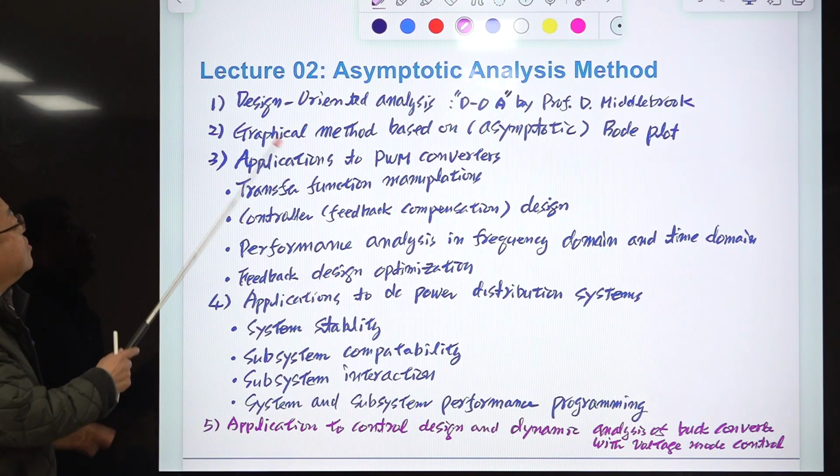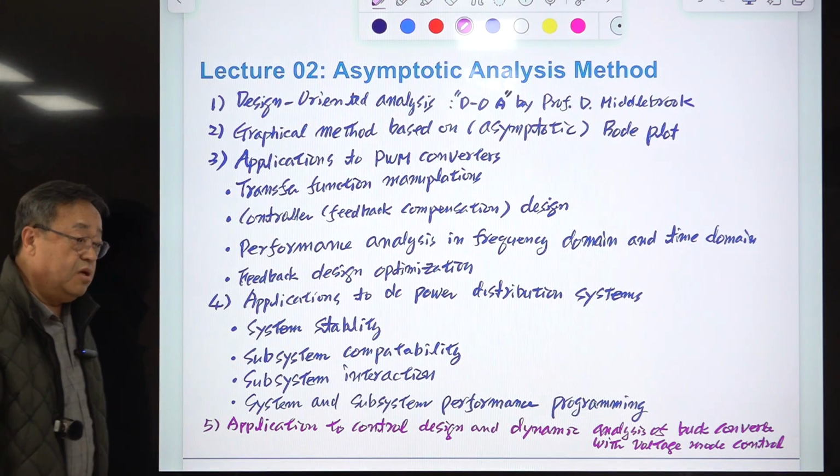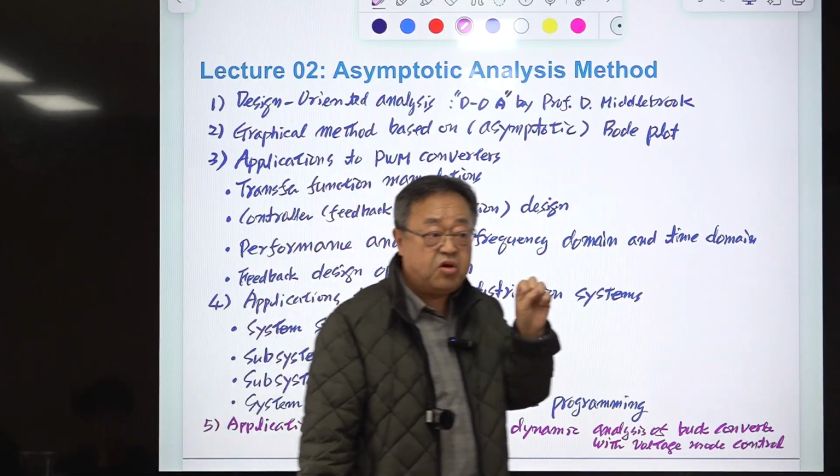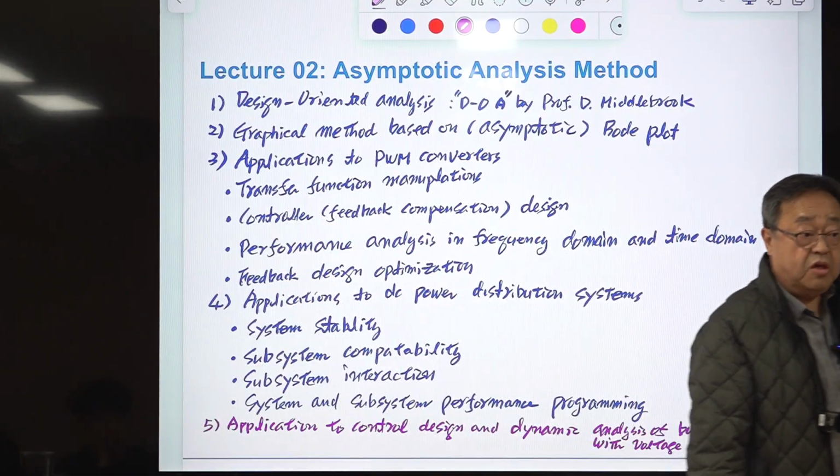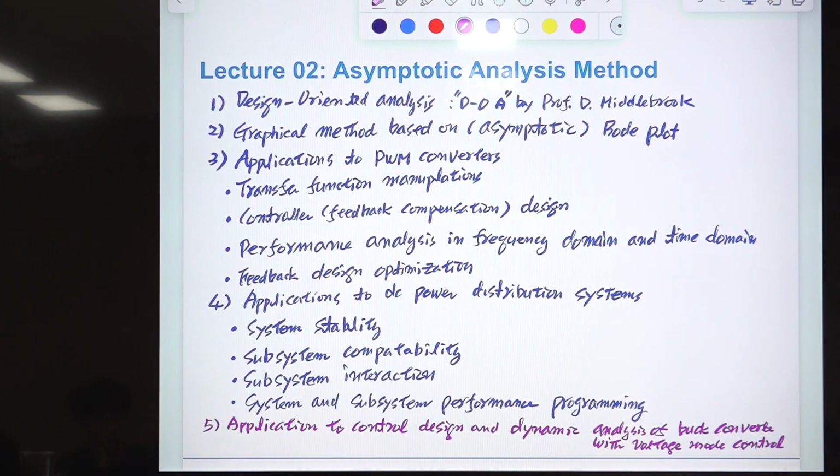Design-oriented analysis means the following. With conventional circuit analysis, you can derive a very long expression, but it does not provide any insight about the circuit behavior, or any useful information for the design of the circuit. That is the conventional method.